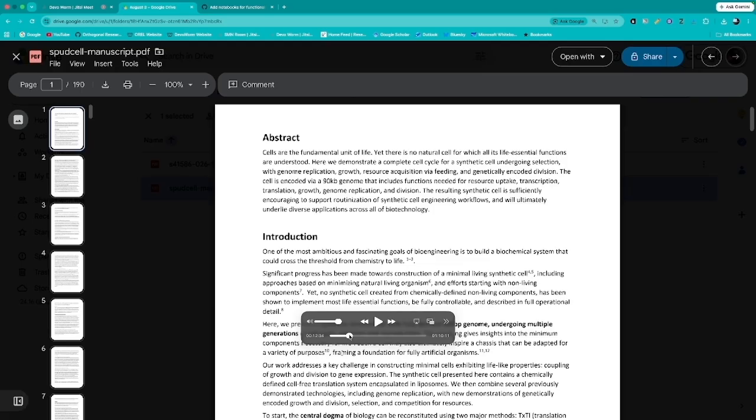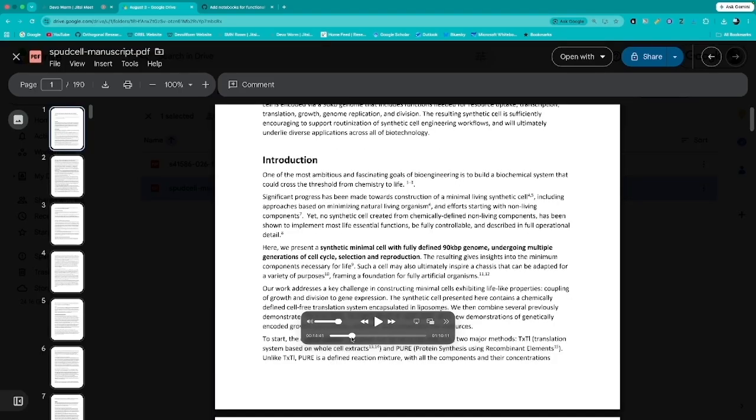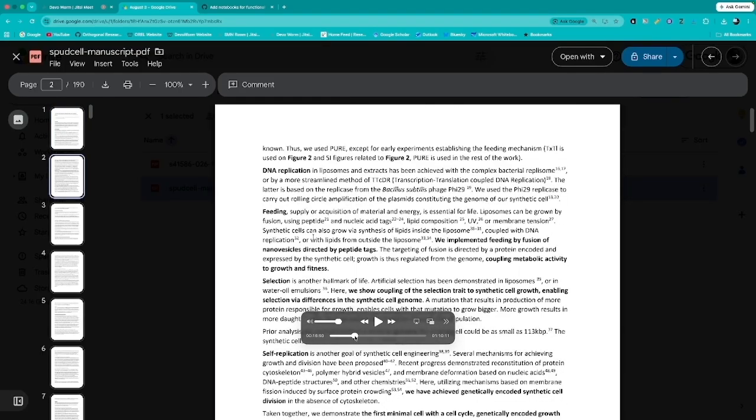So the idea is to show that the cell is the fundamental unit of life, and they do these experiments where they basically have a system where you have a vesicle, you have DNA replication, you feed that vesicle with biochemicals, and then you measure metabolic activity. You grow the cell, it divides, and they evaluate it.